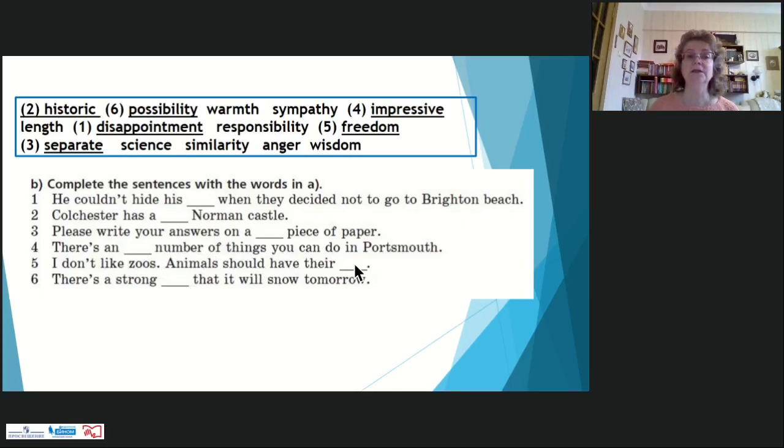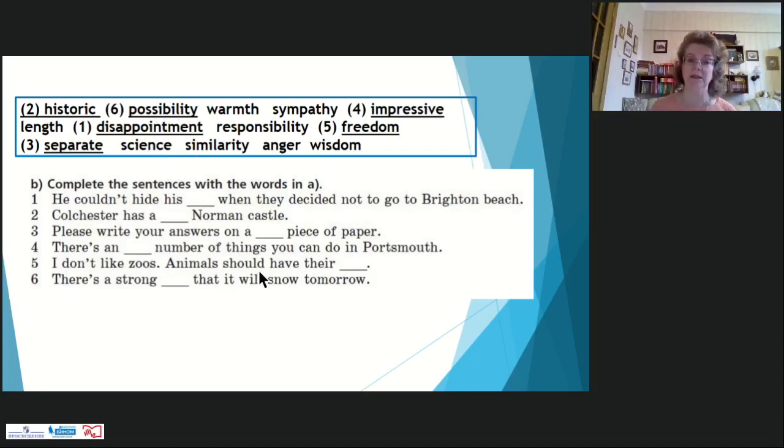I don't like zoos. Animals should have their freedom. Конечно, свобода должна быть у животных, считают некоторые защитники животных. And the last, number 6. There's a strong possibility that it will snow tomorrow, что завтра пойдет снег, тучи кругом, значит, есть сильная, твердая возможность того, что снег-то все-таки пойдет.